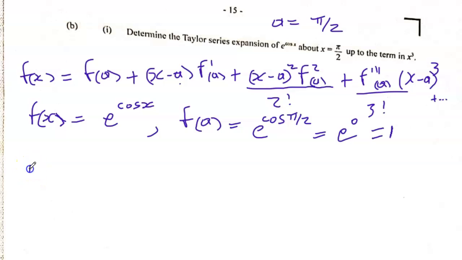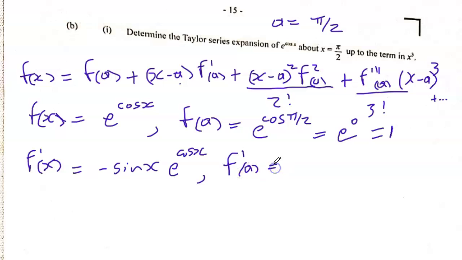Now let's get the first derivative. So f prime x is equal to, differentiate the power, we get minus sine x, and we leave e to the cos x alone. And then we substitute pi over 2 for x, so f prime a.